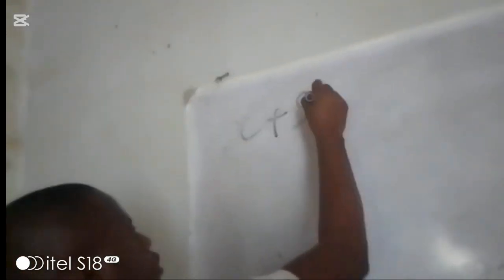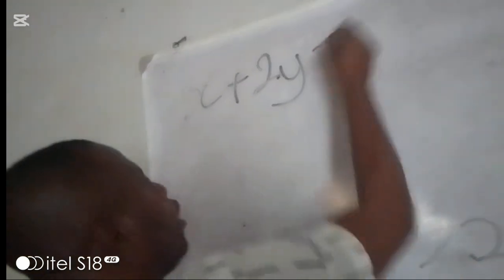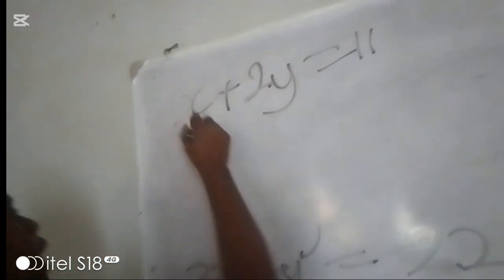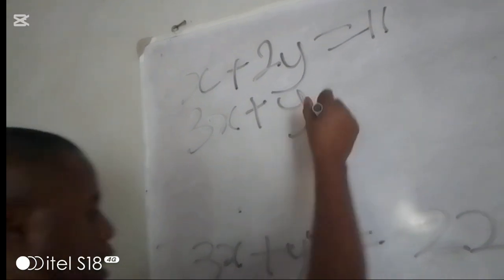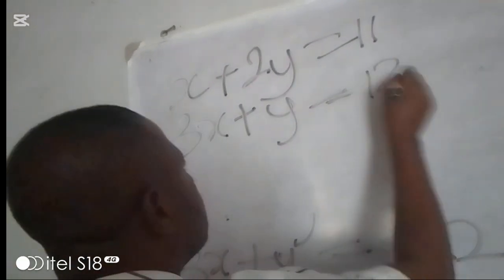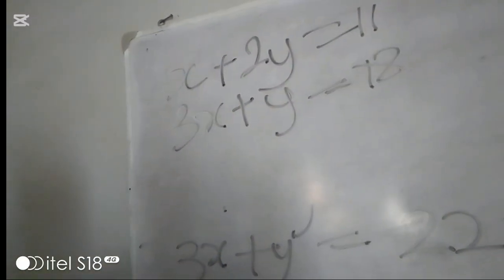So we now have x plus 2y equal to 11, and then 3x plus y equal to 18. Which one do you eliminate now? This has become simultaneous equation.